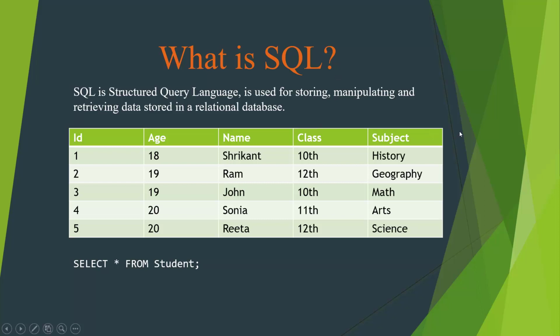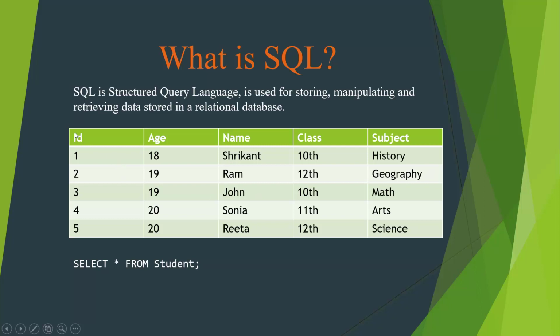A structure is a combination of rows and columns. Here id, age, name, class, subject are the columns, and 118, Srikant, 10th, ST is a row. This is a row, and this is a row, and this is a row. The combination of rows and columns is called structured data.